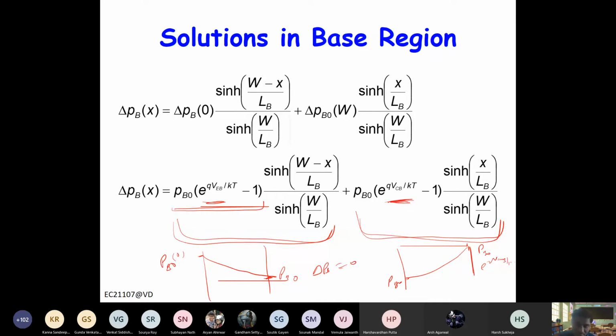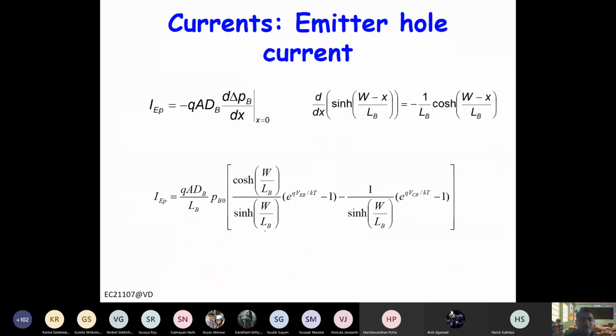Based on this slope, you can get the expression for IEP and ICP. Your IEP will be the derivative at x equal to 0, and ICP will be the derivative at x equal to W. If you take the derivative of sinh, you will get cosh. So you can substitute here.